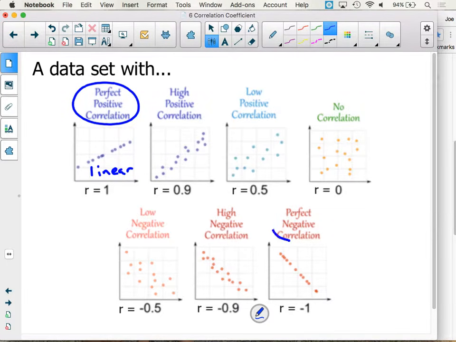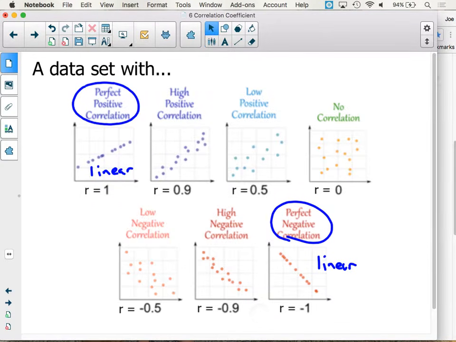And the same with the perfect negative correlation, when the R value is -1. It doesn't mean that the slope is -1, but it means that there's an indirect relationship here. As X increases, Y decreases, and it does so following another linear relationship. You can draw a line that goes through all the points.